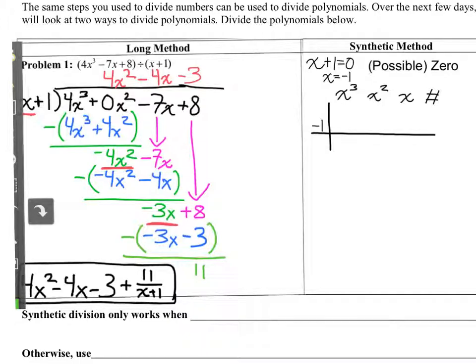Even though there's no quadratic term, I still need to have a space there for the x squared. So I count all the way down, starting with x to the 3rd, all the way down to the constant. Next, I'll put in all the coefficients, and again I have to include a placeholder 0 for the 0x squared term.